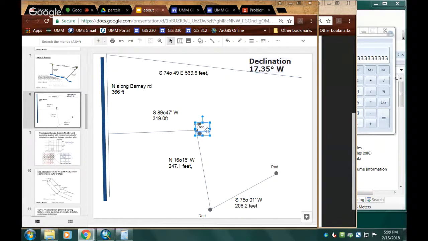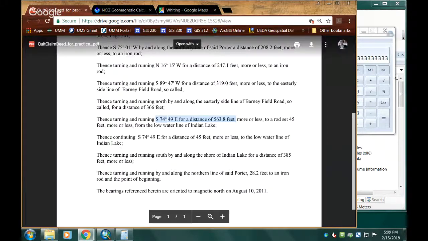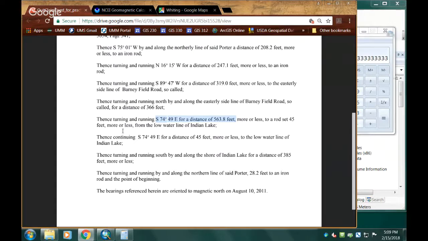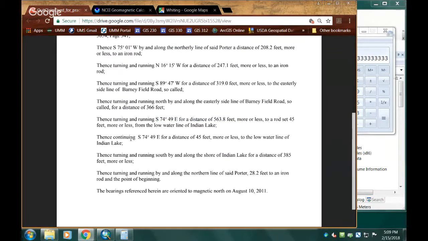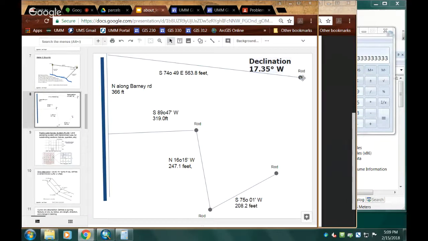Stick that there. And thence continuing for a distance of 45 feet more or less in this direction. Oh, so continuing, right, in that direction for 45 feet more or less to the water line. So let's move the rod over a little bit this way.